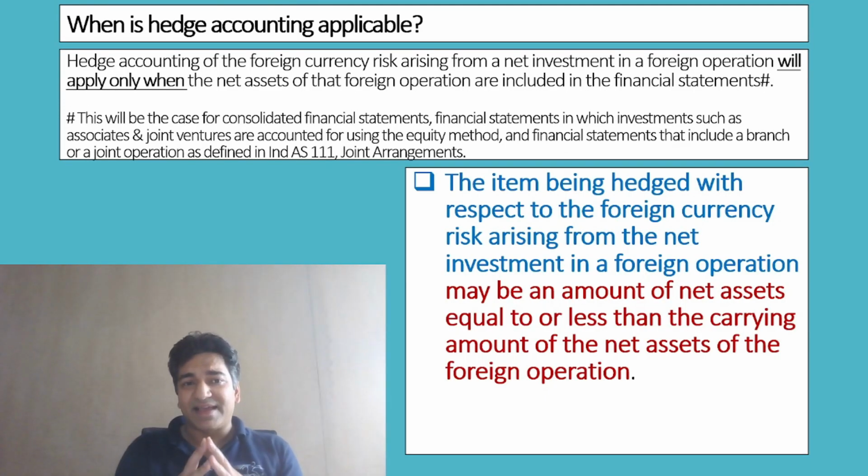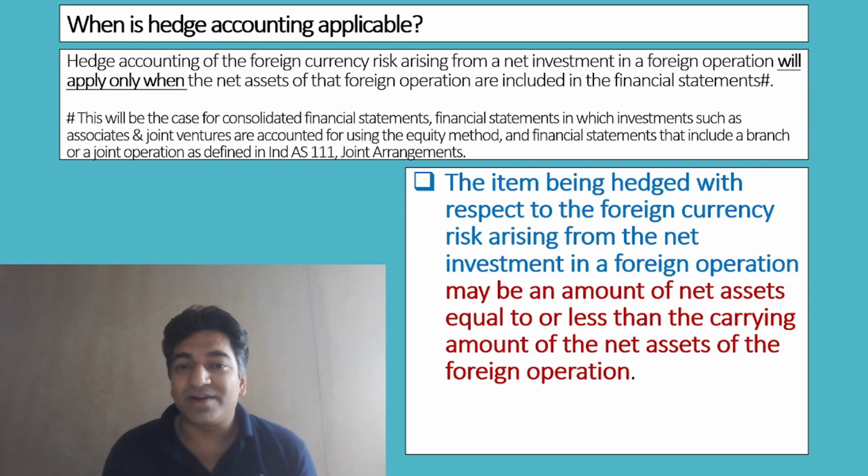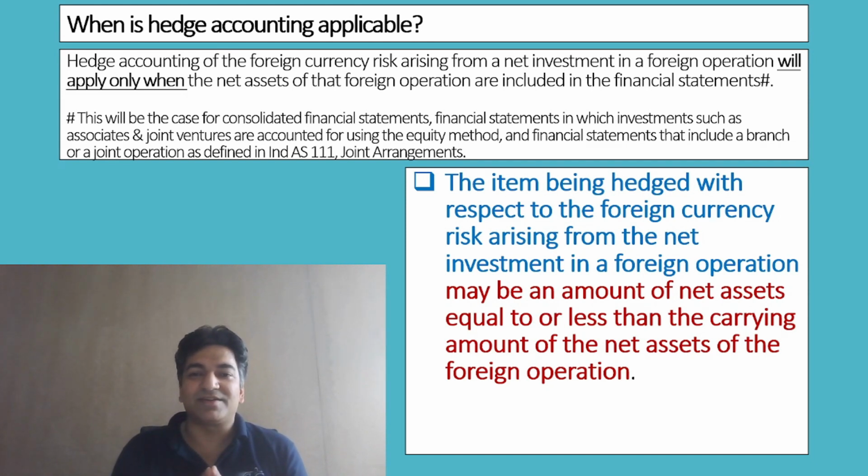So guys, when is hedge accounting applicable? Ind AS 109 says hedge accounting of the foreign currency risk arising from the net investment in a foreign operation will apply only when the net assets of that foreign operation are included in the financial statements. When we say financial statements, these are consolidated financial statements, that is, financial statements in which investments such as associates and joint ventures are accounted for using the equity method, and financial statements that include a branch or a joint operation as defined in Ind AS 111 on joint arrangements.